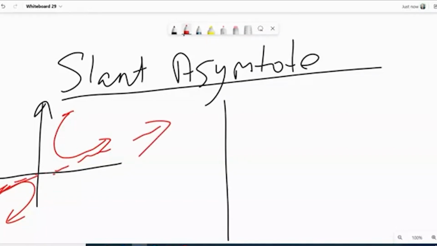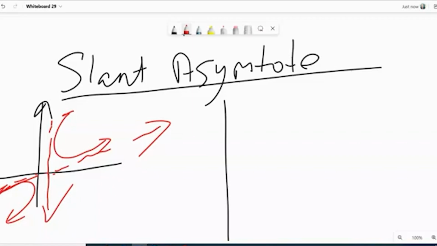The slant asymptote is a line, an oblique line. And you can also have a vertical asymptote. This function, this unnamed function, can have a vertical asymptote. It can have a slant asymptote. Okay.